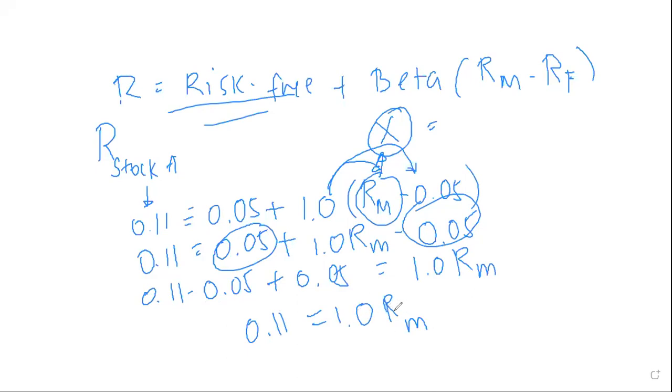So 1 of RM is equal to 0.11. Therefore, market return is 0.11. Let's remember this: the market return is 0.11.